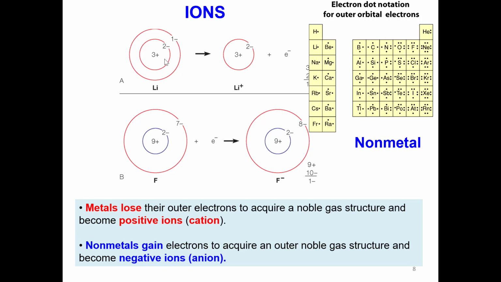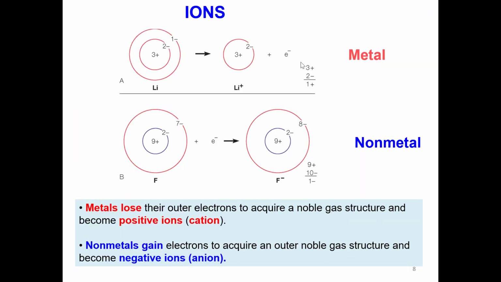Lithium has 3 protons, 3 neutrons, and 3 electrons. But to be stable, to be similar to helium, lithium needs to lose 1 electron, as represented here.